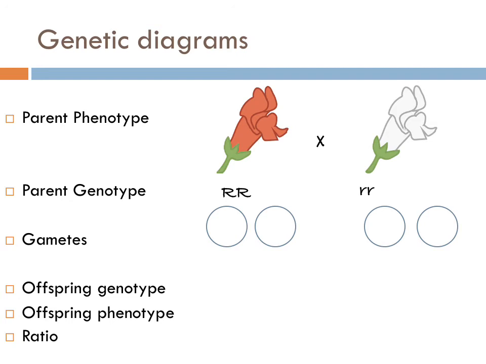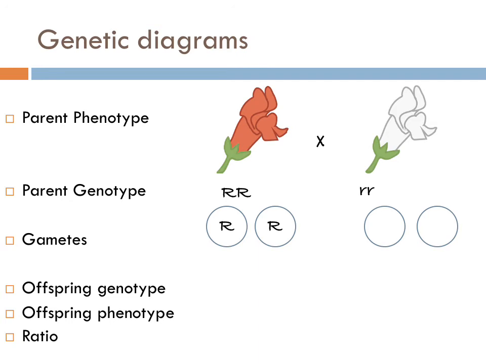To represent the gametes, we like to draw circles, okay? The circle is going to represent the cell that carries one of these genes. So let's say one of these circles will have a capital R and the other circle will have the other capital R. Remember, the gametes are haploid cells.